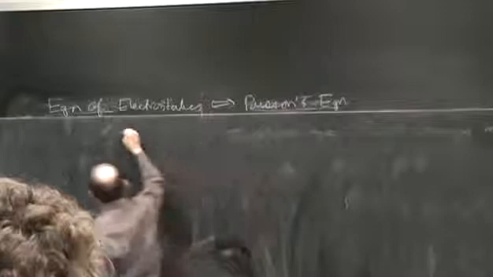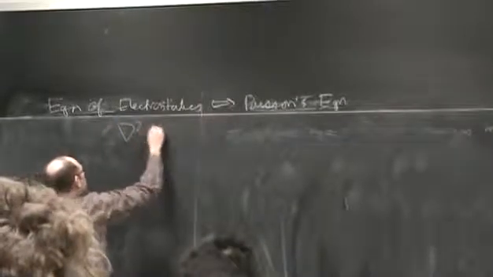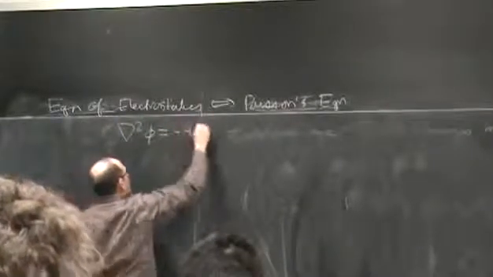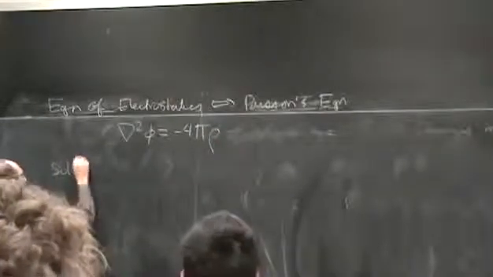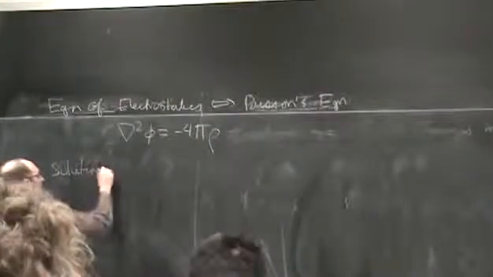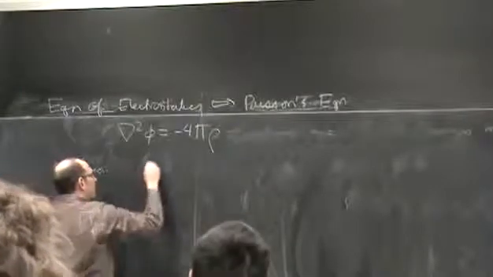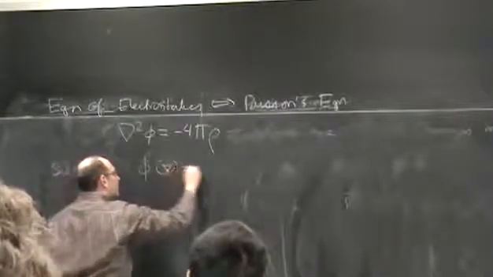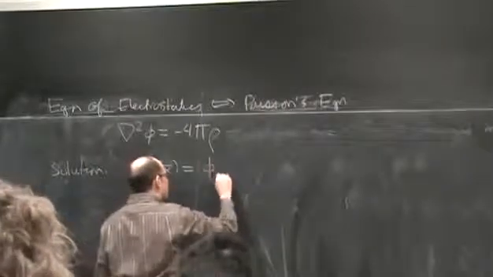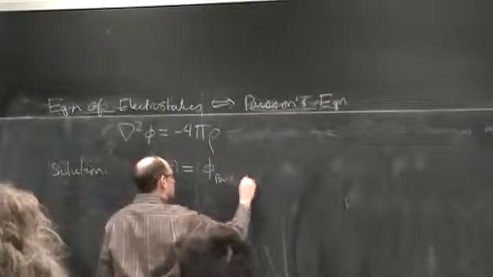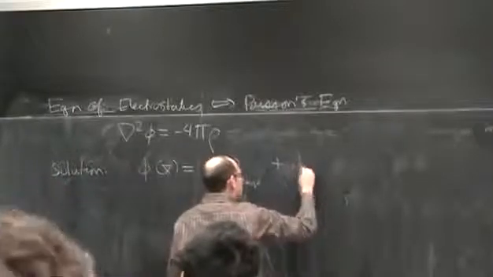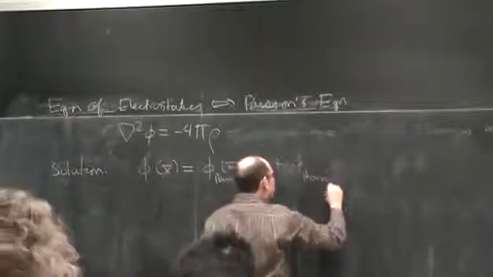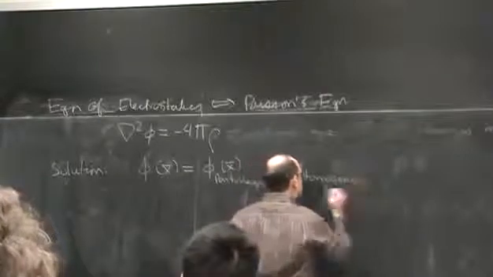And the solution, well, all these PDEs can be expressed this way. The solution is the sum of a particular solution to the equation plus a homogeneous solution which satisfies the boundary conditions.